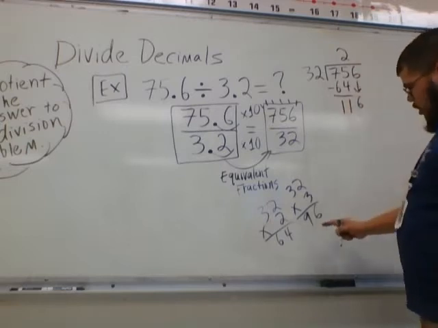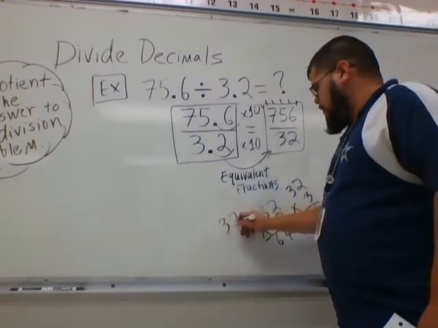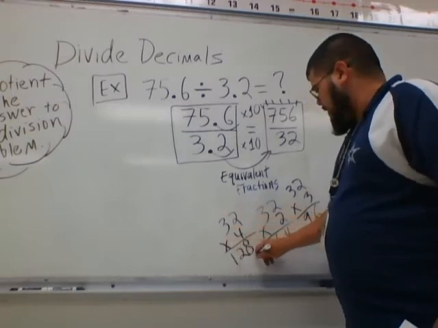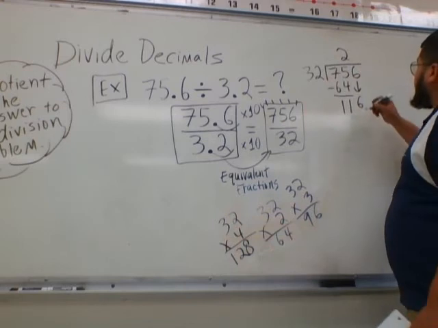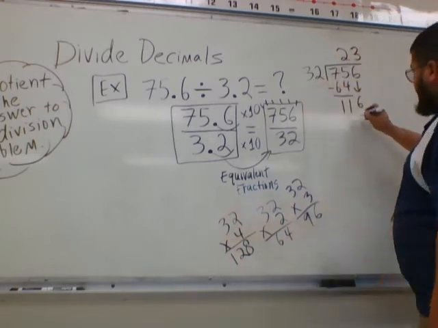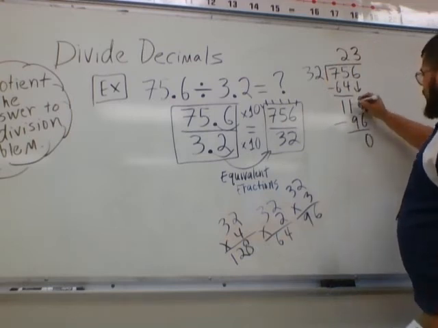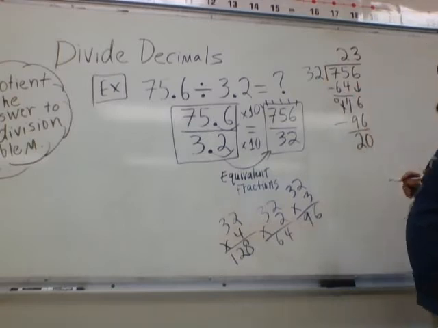All right, now, we know 32 times 3 is 96. Let's see if we can go one more up. 32 times 4, we end up with 128. What happened? Too much, right? So we're going to use the 3. 32 times 3, we're going to get 96. 6 minus 6 is 0. 1 minus 9, can't, so we borrow. 11 minus 9 is 2, right?